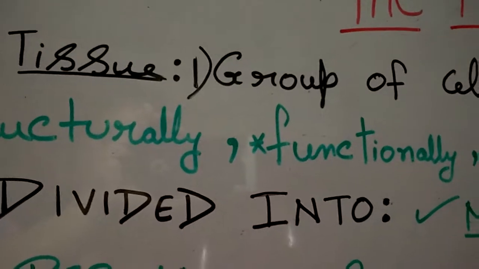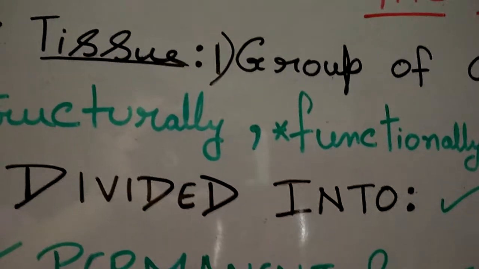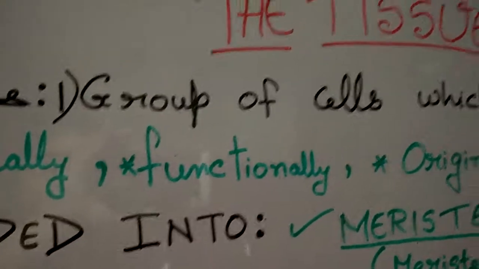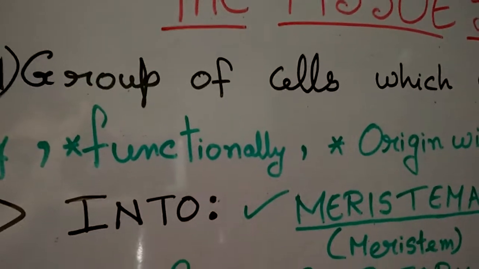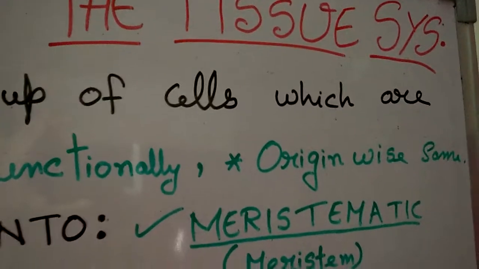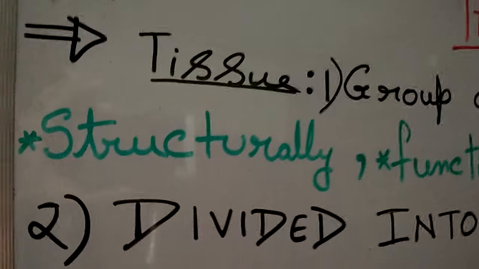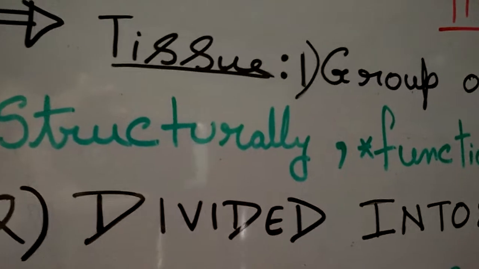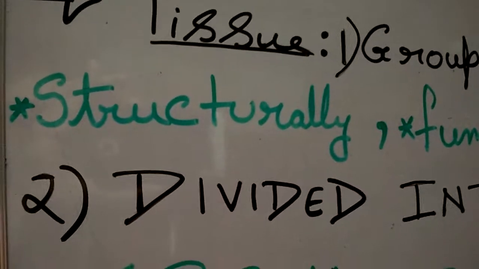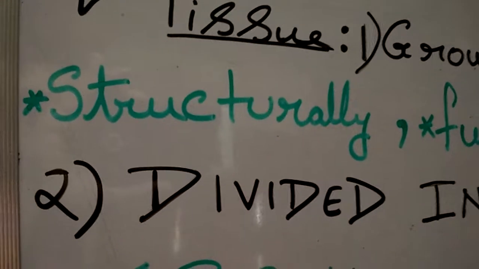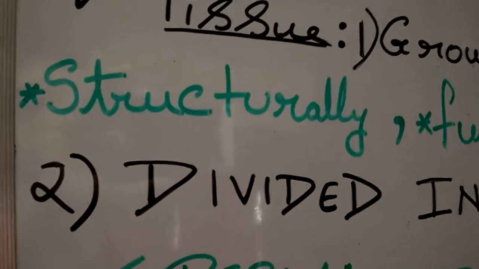If you get a question or someone asks you what is a tissue or to define tissue, then it's simply nothing but a group of cells, a cluster of cells which are structurally, that is, all the cells should be structurally similar. That is, not even a single cell should be different in its shape or structure.